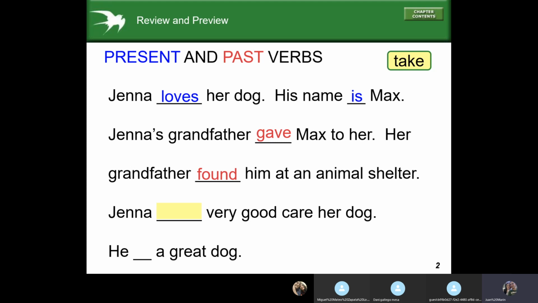Okay, we have now take. What is the form of the verb take in this sentence?